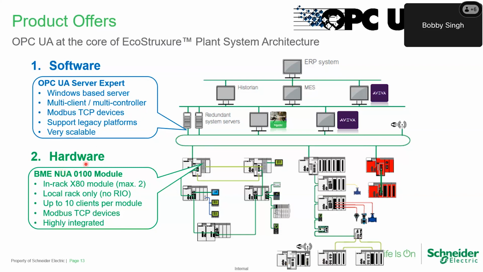The hardware on the other side, the BME NUA 0100 module, is an in-rack solution. It sits right next to the M580, has to be on the main backplane, and cannot be placed in the remote I/O. You could have up to 2 NUA modules per M580 system. And each module can have 10 OPC UA clients connected at a time.